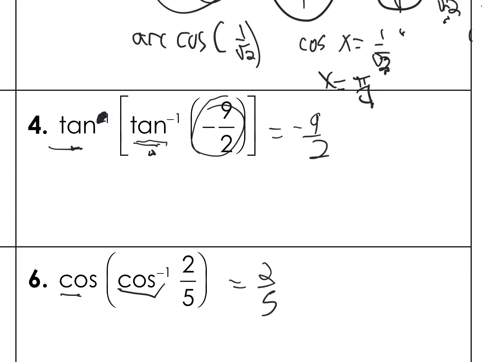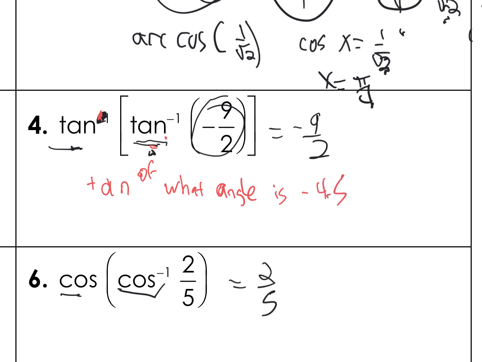How about number 4? Okay, I did tell you that I think that it didn't have two inverse tangents. If I say arctangent of negative 9/2, tangent of what angle is negative 4.5?